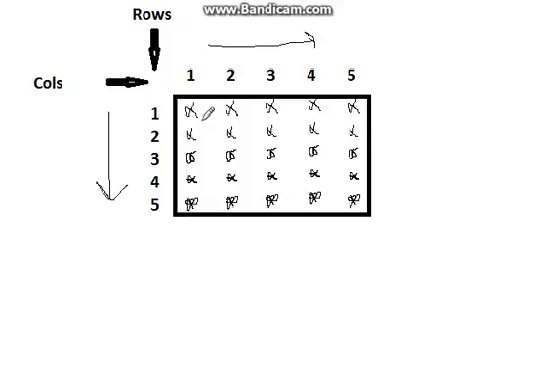So the number of stars in rows and the number of stars in columns must be the same. So here we have 5 elements, and also here we have 5 elements.